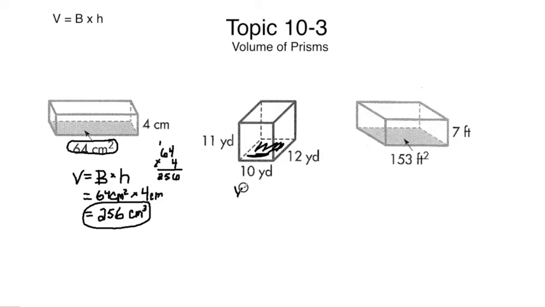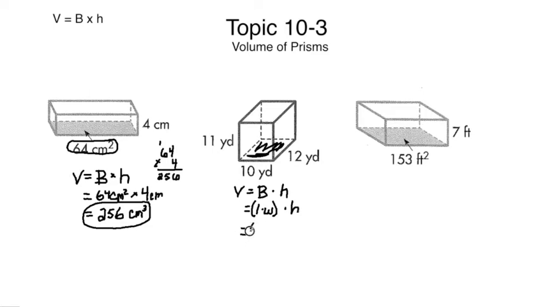So I'm going to write the universal formula. Volume equals the base area times the height. The shape of my base area is a rectangle, so I am going to put in length times width, and then multiply it by the third dimensional, which is the height.